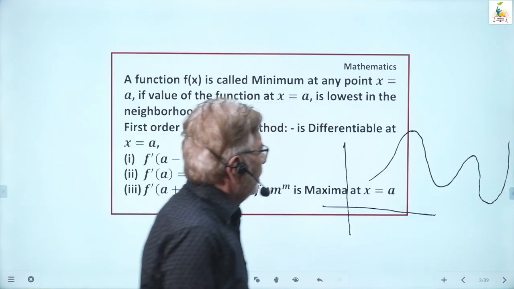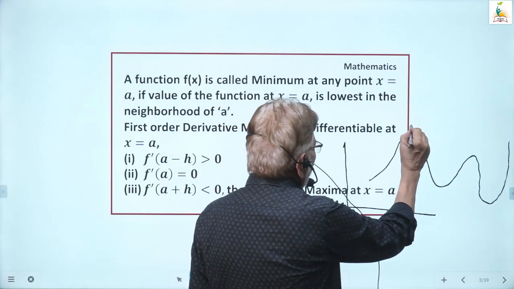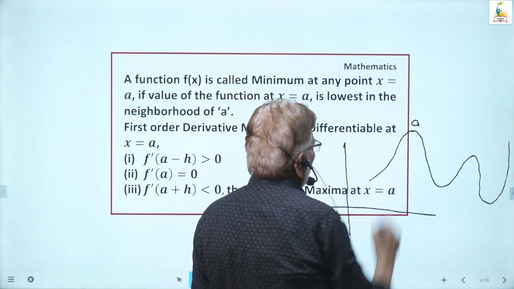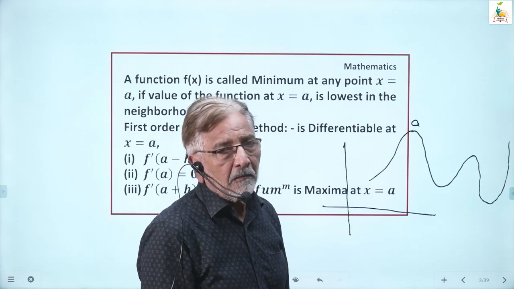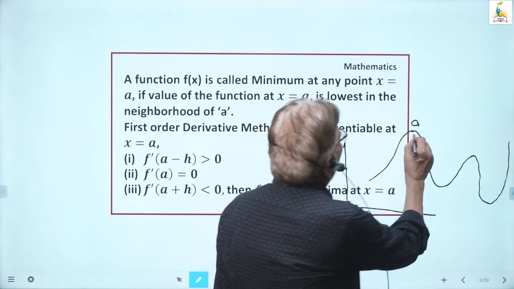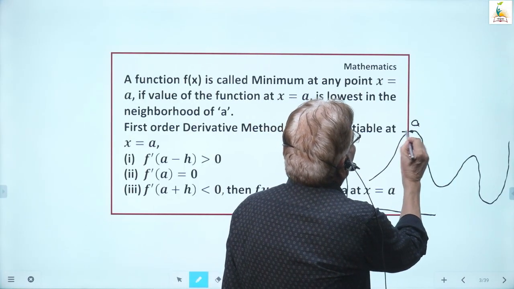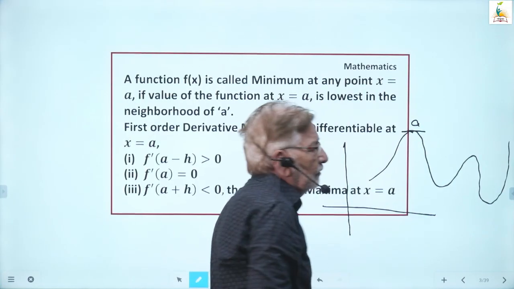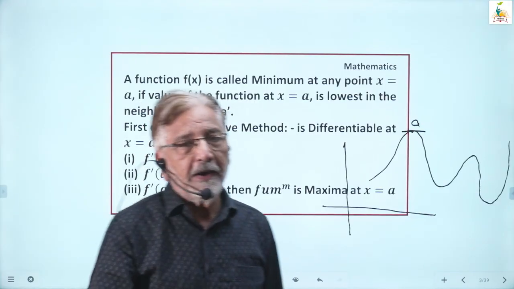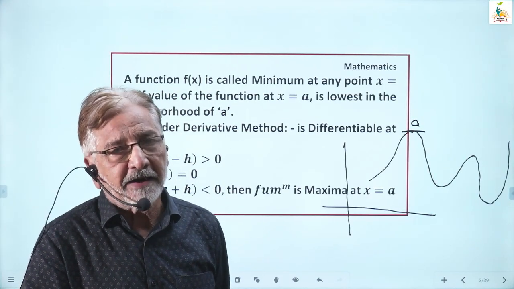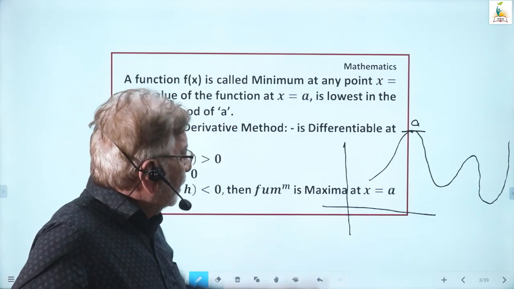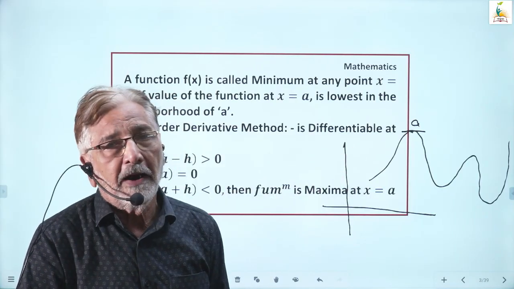Then what we see, at x equal to a, the function is increasing here, and at x equal to a, it is stationary. So if I draw the tangent at x equal to a, it will be parallel to the x-axis. That is, dy upon dx will be 0 at x equal to a.